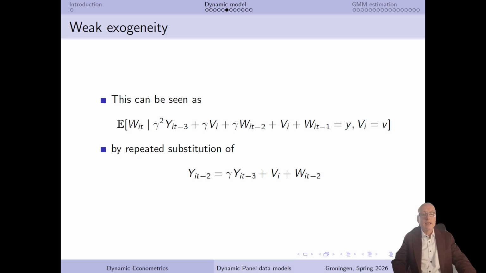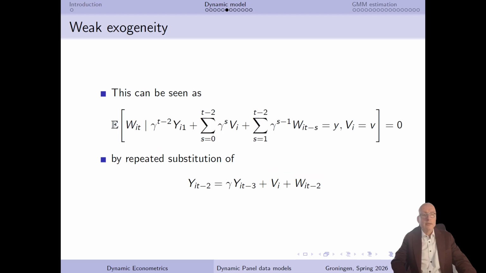I can rewrite y_it minus 3 as gamma y_it minus 4 plus v_i plus w_it minus 3, then substitute it back into here, and go on and go on and go on. If I do that, then at the maximum what I'm going to get is the following: gamma to the power t minus 2 multiplied by y_i1, plus the sum over gamma to the power s multiplied by v_i.